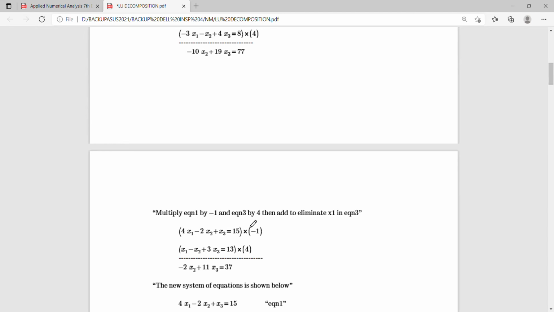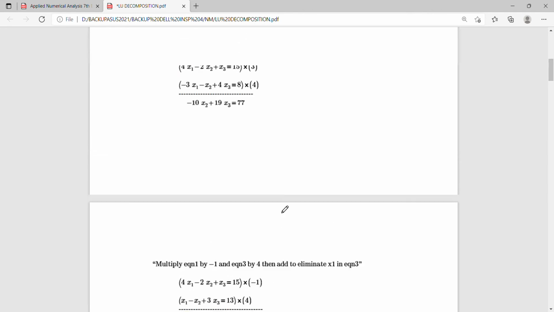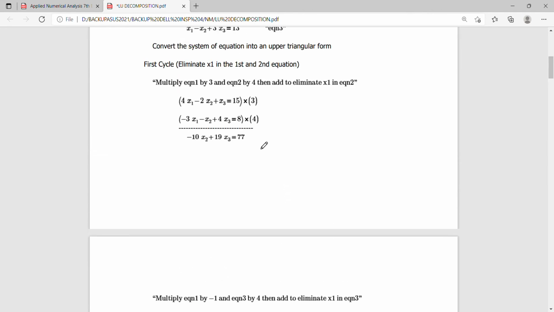it will now eliminate the value of x1 on the third equation. So this will represent our new equation 2.